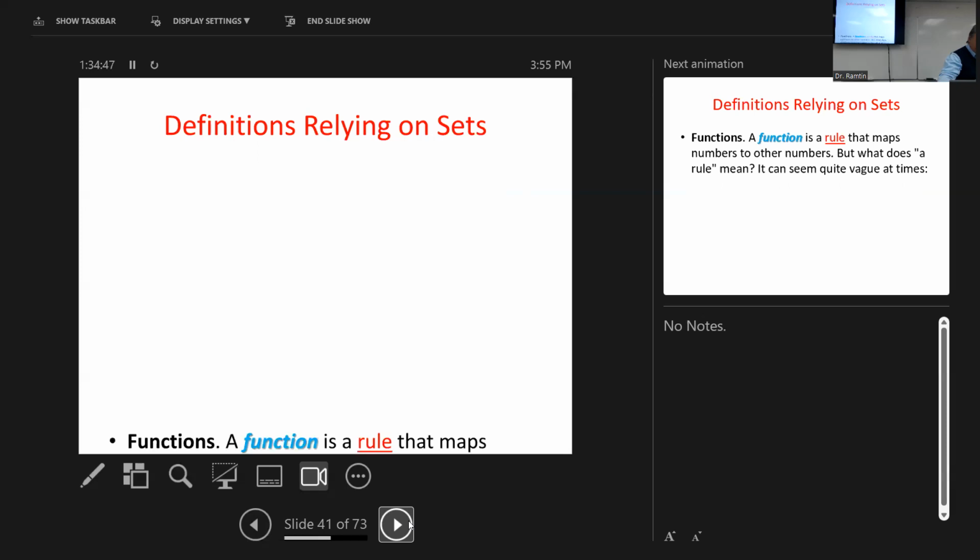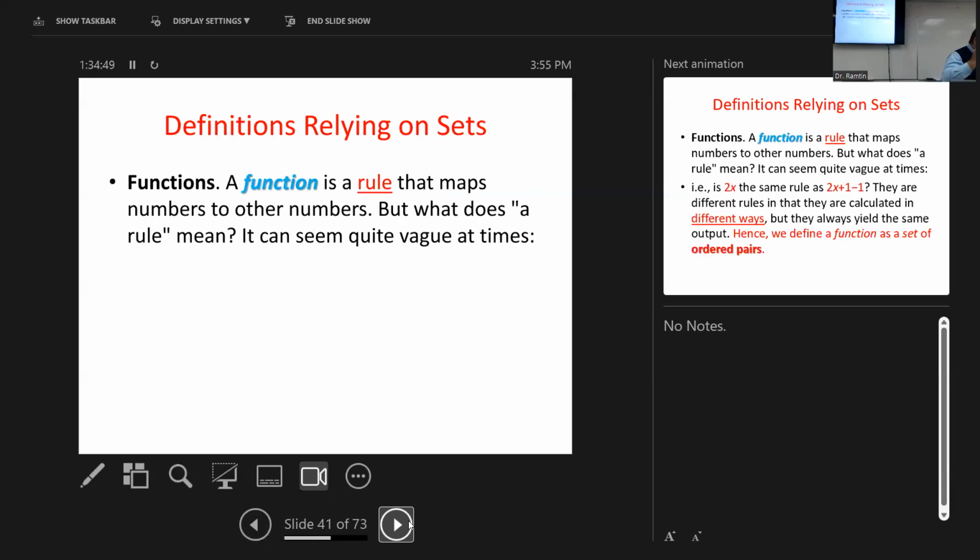Definition relying upon sets. One very important thing you see in mathematics, in algebra, are called functions. A function is a rule that maps numbers to other numbers. But again, at this point, when we talk about a rule, we are kind of vague.